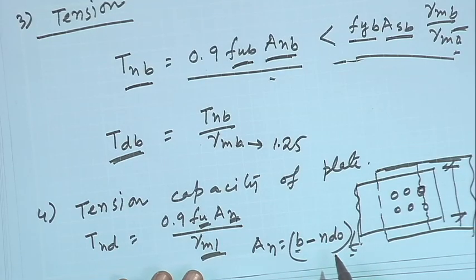When the net area is reduced, the tensile capacity of the plate is also reduced, because in tension the hole area has to be deducted, and the hole diameter d0 is the nominal bolt diameter plus the clearance.